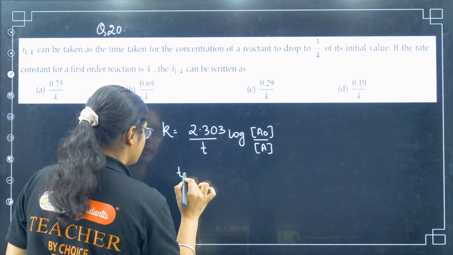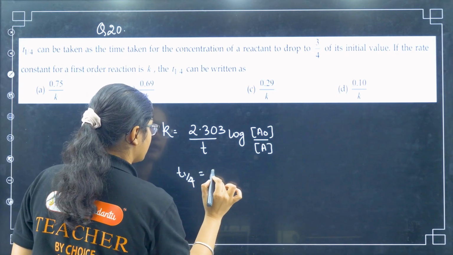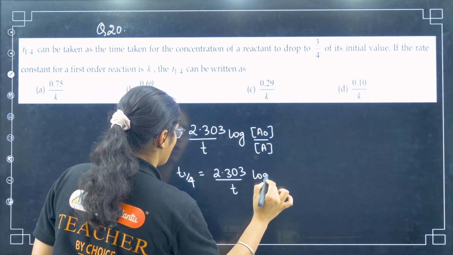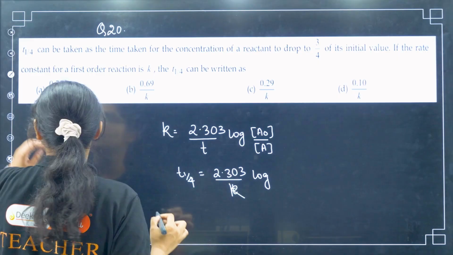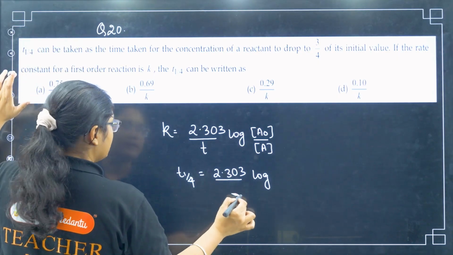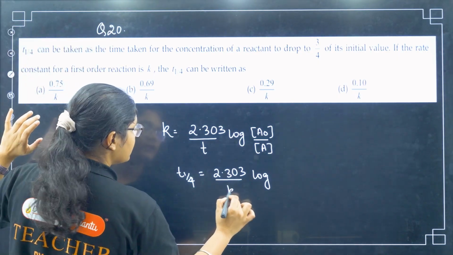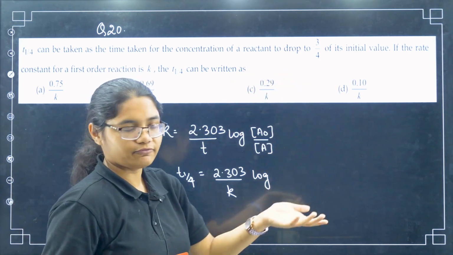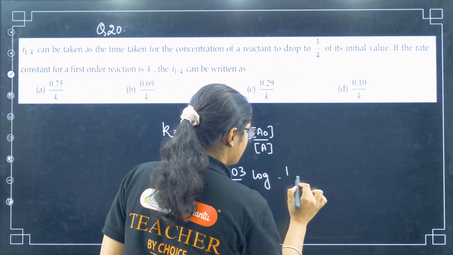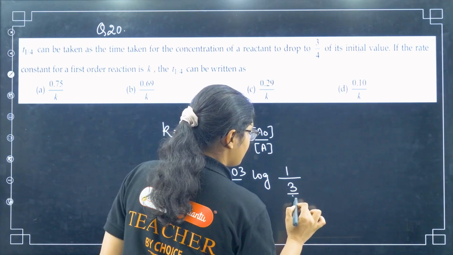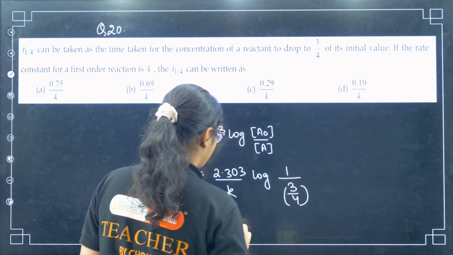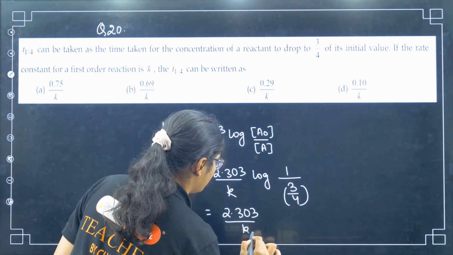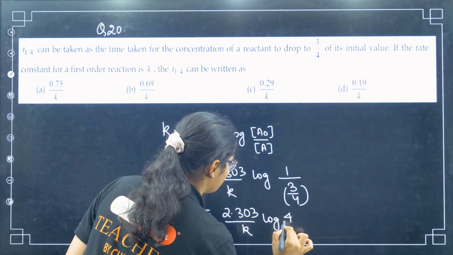So I want to calculate T1/4, that is 2.303 by K log of, the drop to 3/4 of its initial value, so 1 by 3/4, that means it will become 4/3. So 2.303 by K log of 4/3.